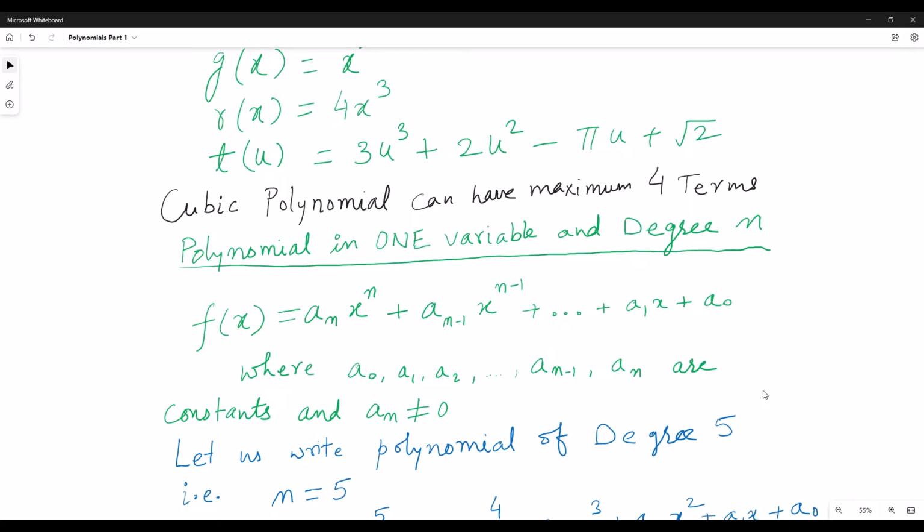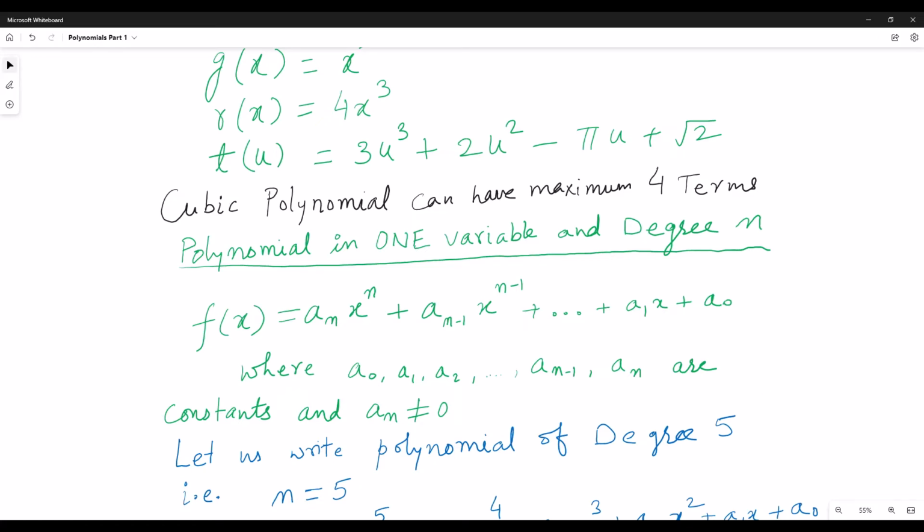a_(n minus 1) is one of the constants. There is no exponent here. We must understand this. When we write n minus 1 in the subscript, this is a constant. We are generally using it as a constant, like instead of writing b, we are writing a_(n minus 1). So this is just like that. In a_n x to the power n, n is the exponent of x.